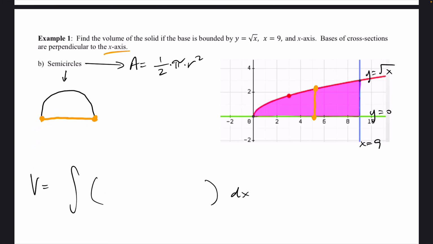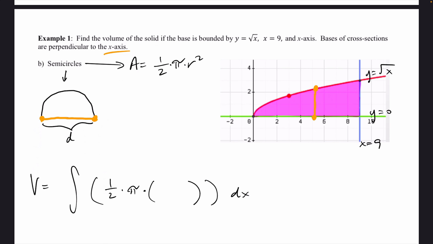If this is always going to be the half circle, we know it's going to be 1/2 times pi. We're not going to use r because it's dx. So what would the radius be? It would be half of that, because that represents the diameter.